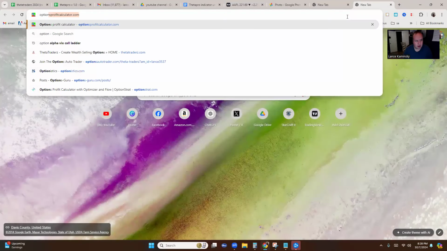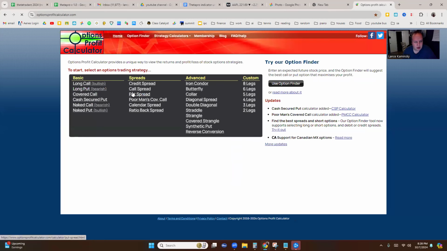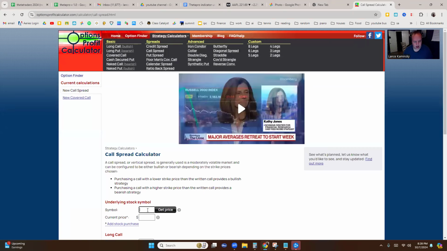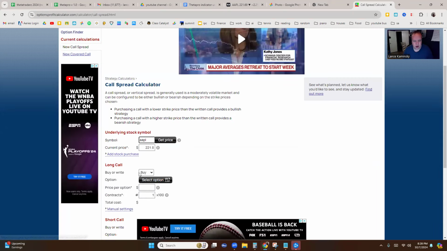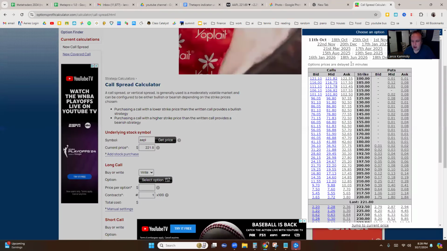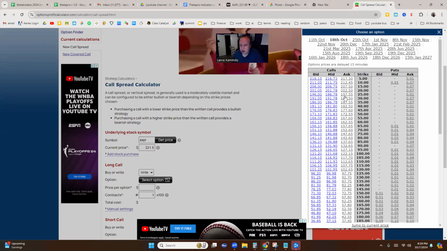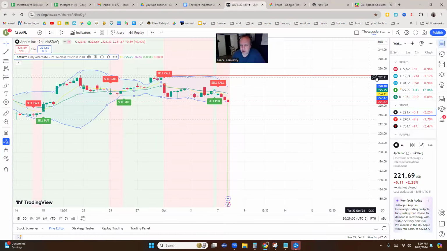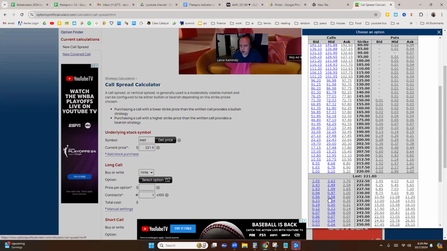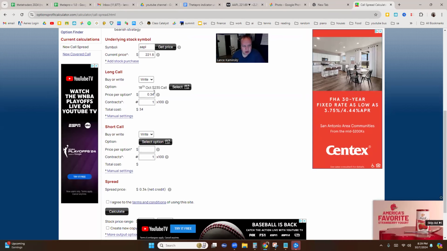We're just looking at the spread here. We'll be looking at a call spread. Apple's current price is 221. I'll look at October 18th, a little bit before expiration, and around the 235 strike price, taking about 0.34. No, that's the long call.